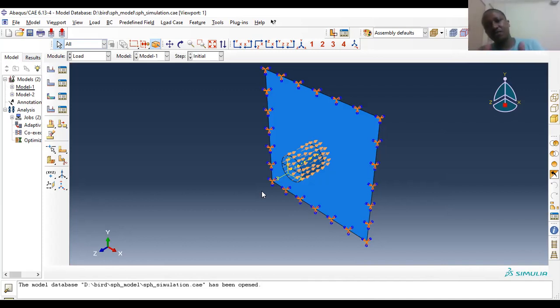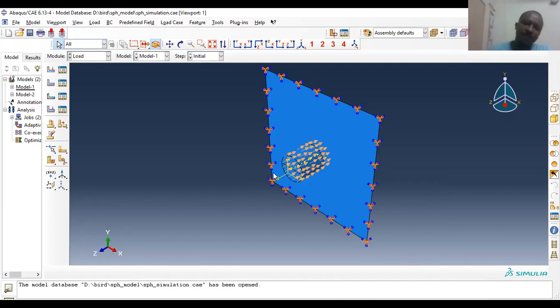Either it can be the wing or it can be part of the fuselage that the bird can hit, so that is considered rigid on the structure, so the encastre boundary condition is selected.